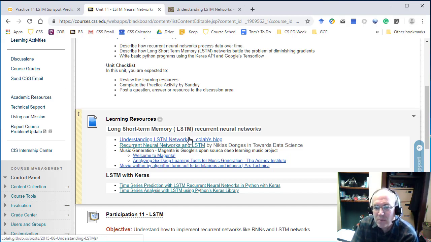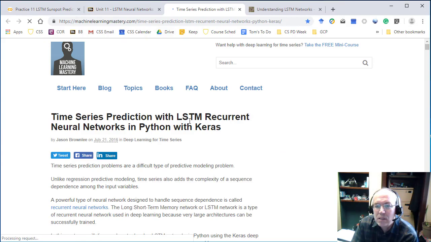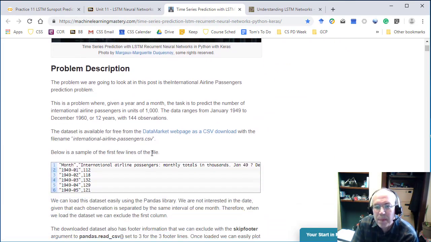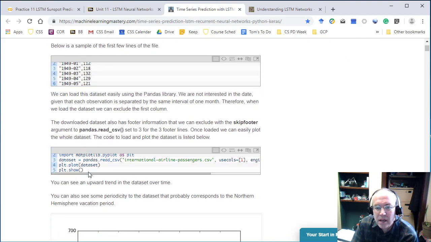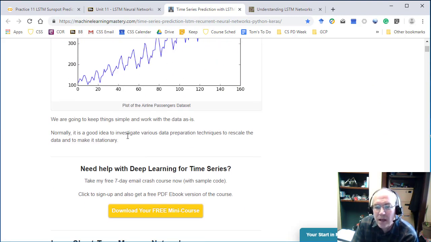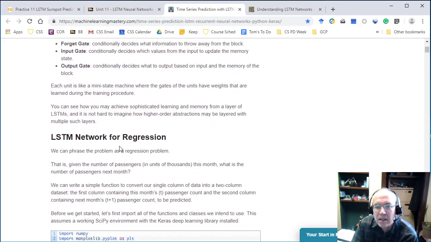Next unit, hopefully we'll look at actually trying to write a story, or at least a sentence, with these sorts of networks. Now, as far as using these in Keras, there are a couple of links here describing how we could use these in Keras to predict things. It talks about the data and how the data is set up, some of the sequential data, this airline passenger data, and then predicting that data.